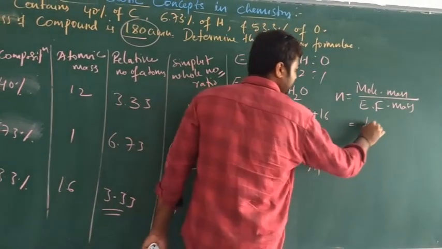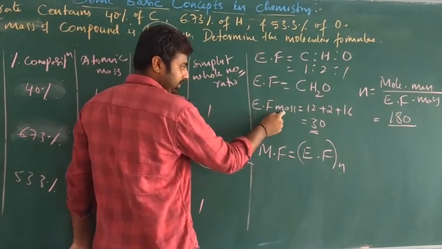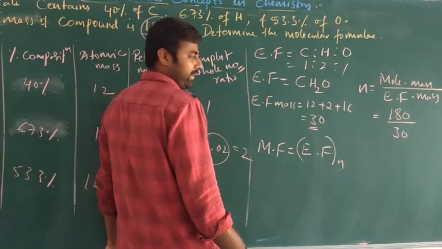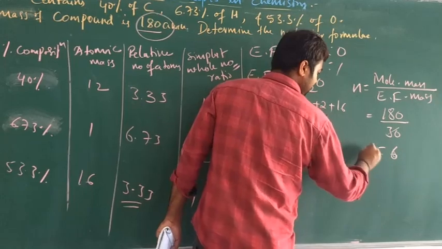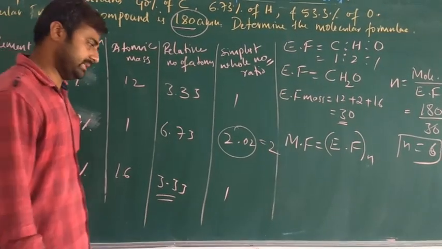So that is 180 divided by the empirical formula mass. What is the empirical formula mass? It is 30. 180 divided by 30 is definitely 6. n equals 6.